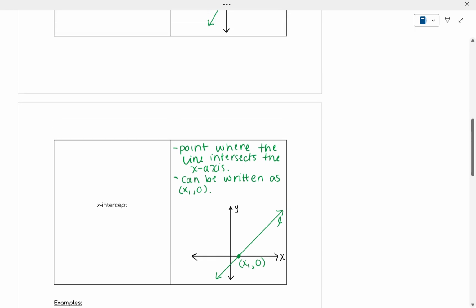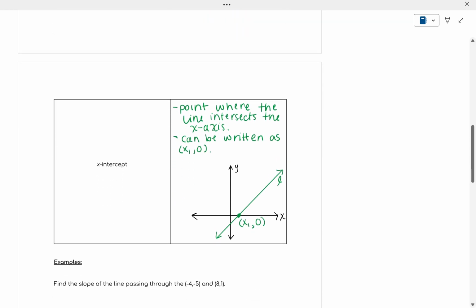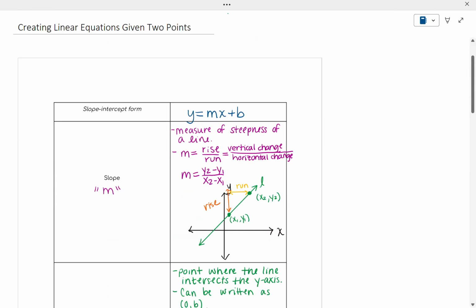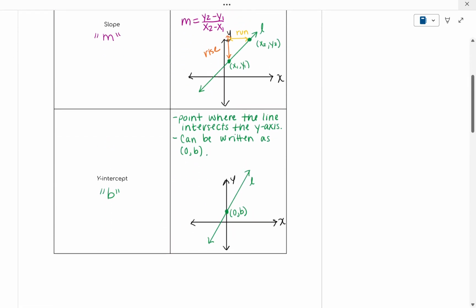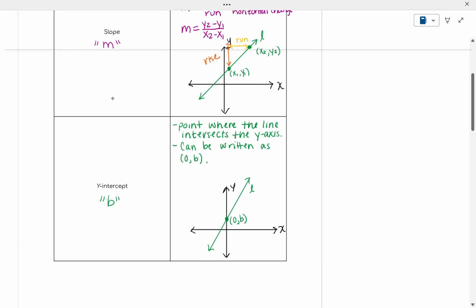So, also I forgot to mention for the x-intercept and y-intercepts, how we find them is by substituting in 0. So for the y-intercept, let's go back here. The y-intercept can be found by substituting 0 in for x, and then solve for y.